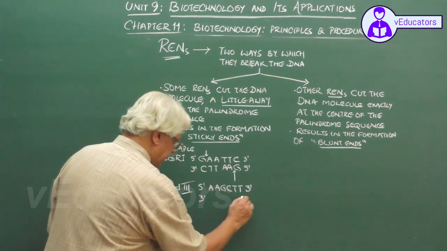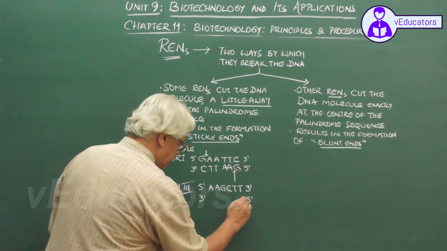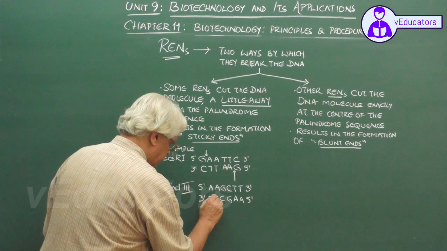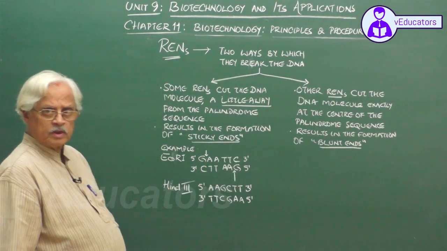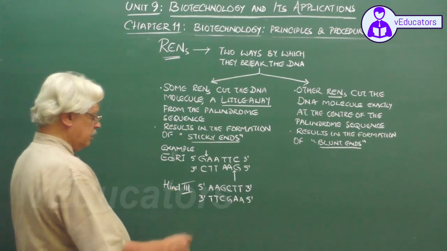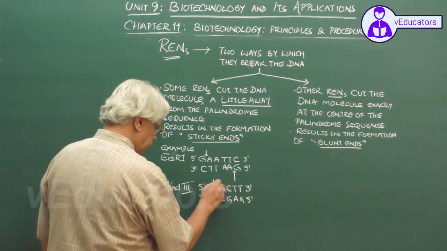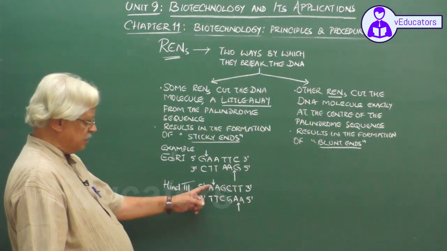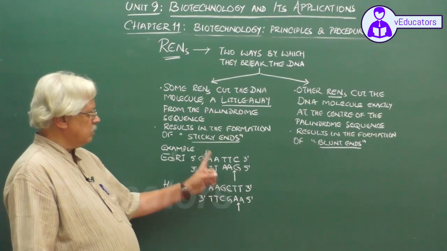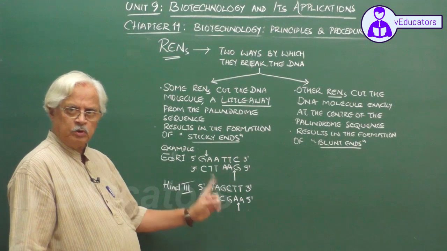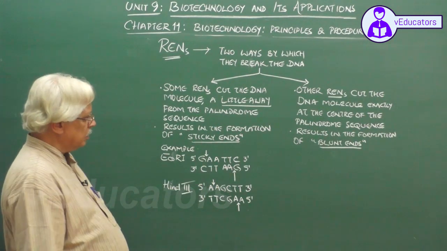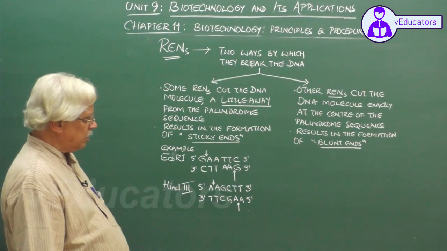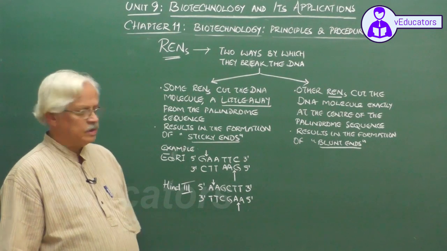So in the opposite strand it will be AAGCTT, that is the palindrome sequence. So HindIII cuts the DNA at this point, so leaves a sticky end. So such ends are called sticky ends, and as I told you, sticky ends are useful in joining this DNA with the other DNA using the enzyme DNA ligase.